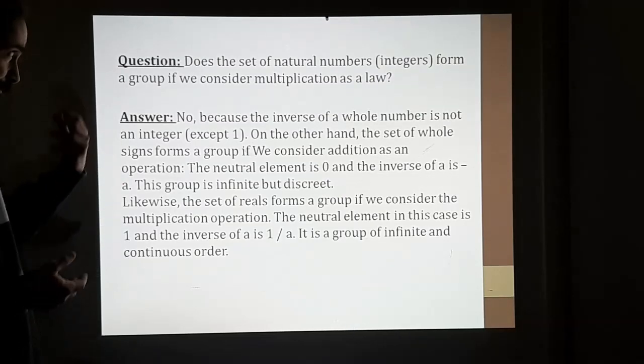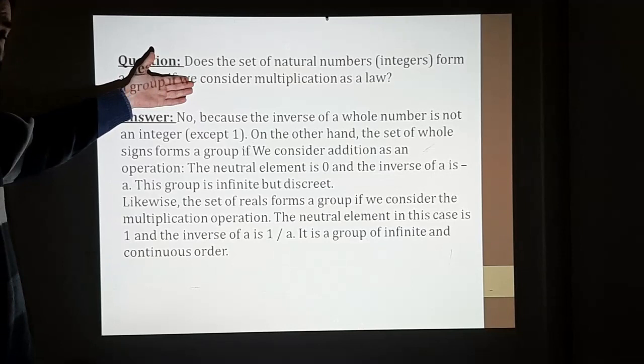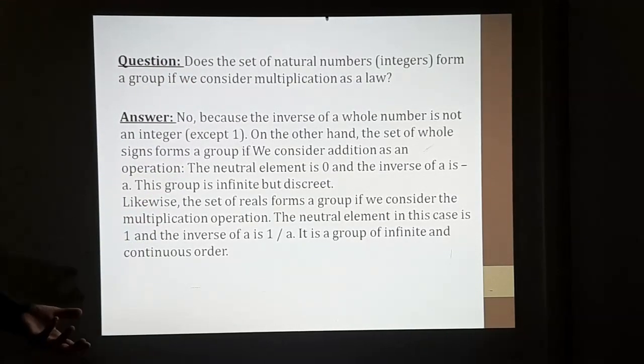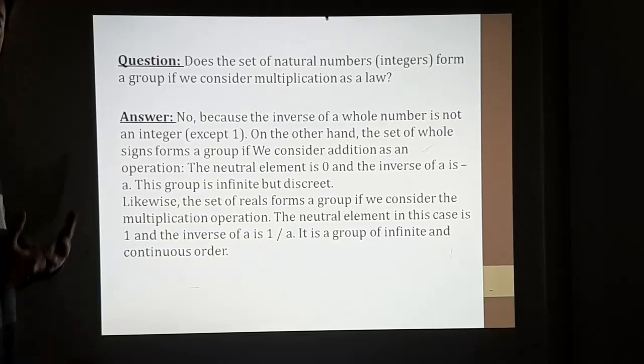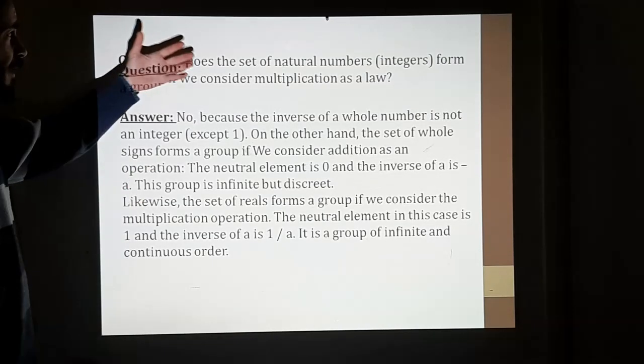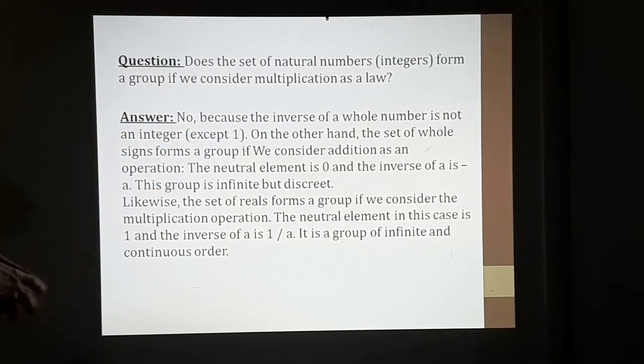So the set of integers with multiplication as the law is not a group, because we cannot define an inverse for an integer. Okay. Now on the other side, if you consider the same set of integers, but this time the signed integers, with the addition, it forms a group.